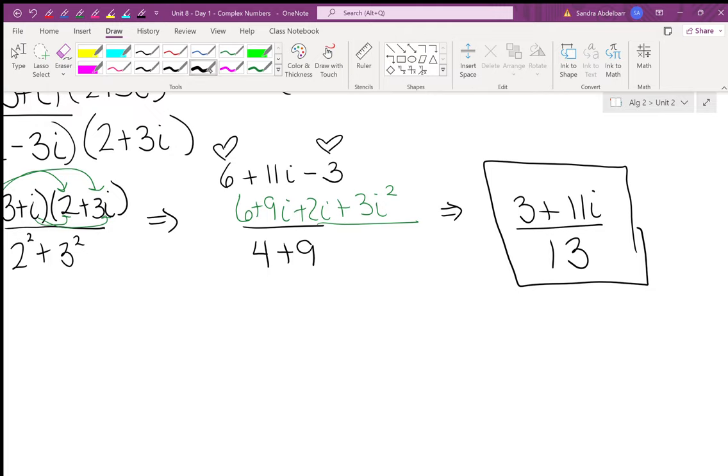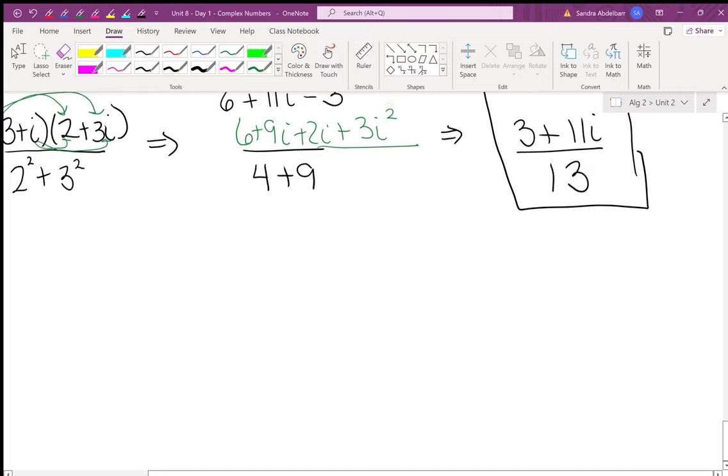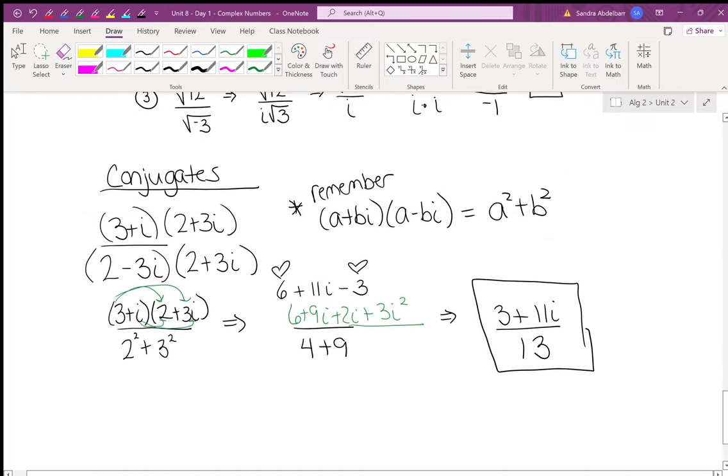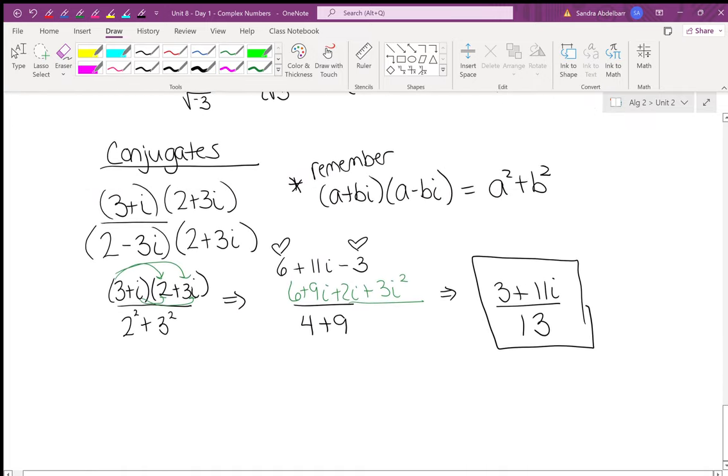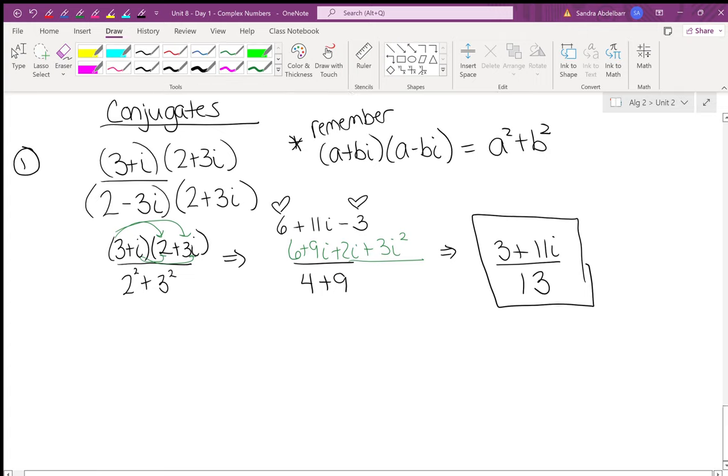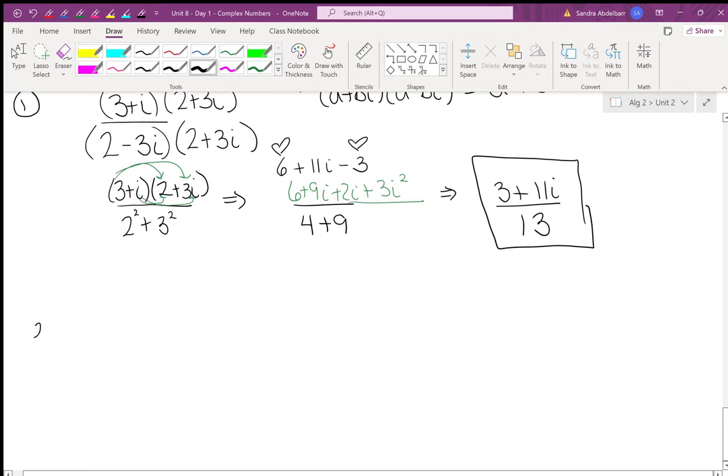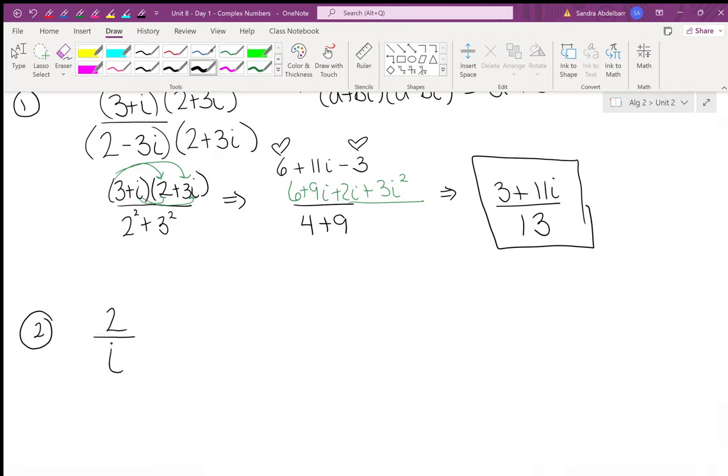Okay, let's do another one. Let's say I have 2 over i plus 4 over 2 minus i.